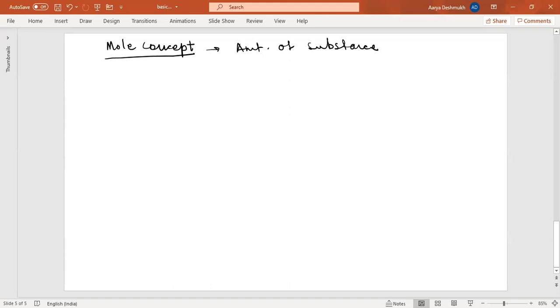So this is the 1 mole, it is the amount of substance that contains as many particles, as atoms, molecules, particles.